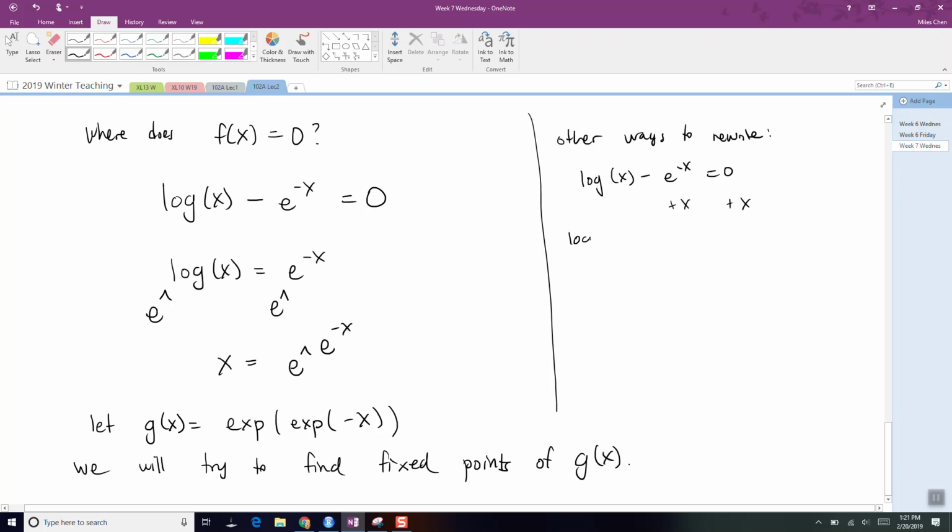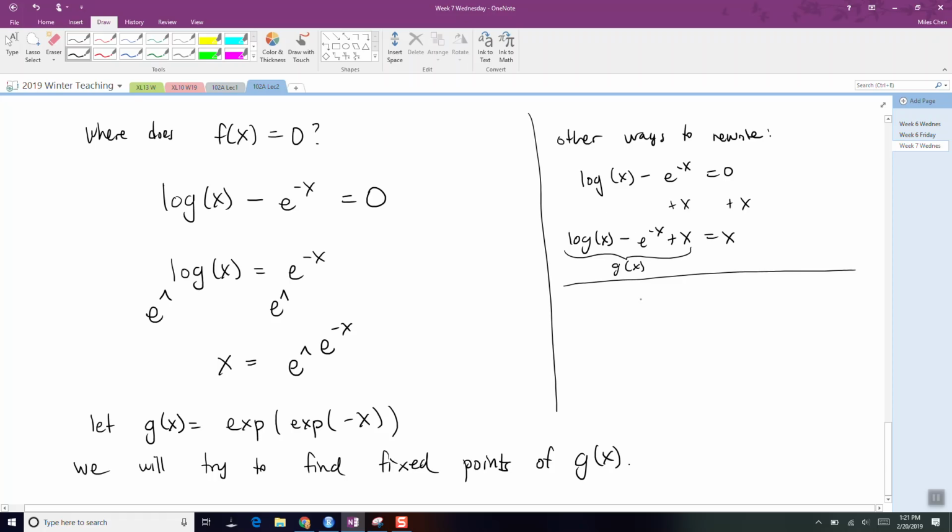Okay, and then now I have log of x minus e to the negative x plus x is equal to x. Okay, and then I would just say, well, let this be g of x. Okay, this will actually not work because unfortunately this does not have a fixed point. That would be an easy solution, right?